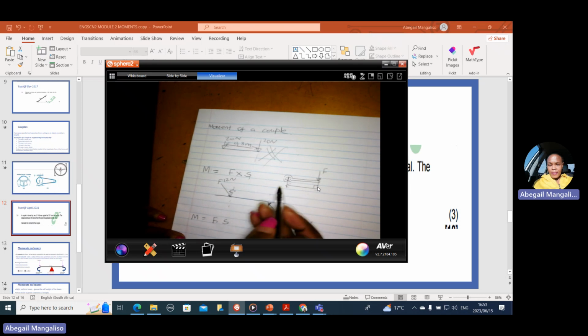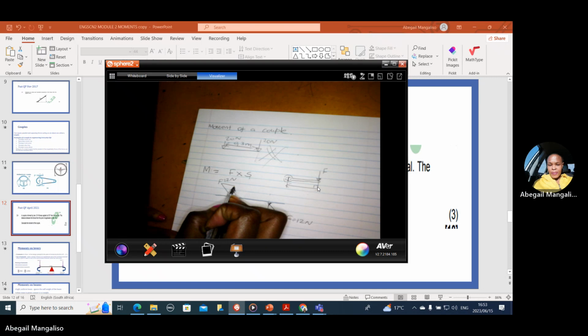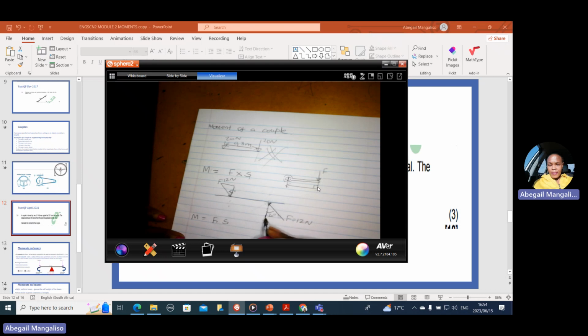So when we close the triangle, we can close this side where the angle is, this way and this way. Also, if you close it this side, this way and that way. Now, moment of this force.